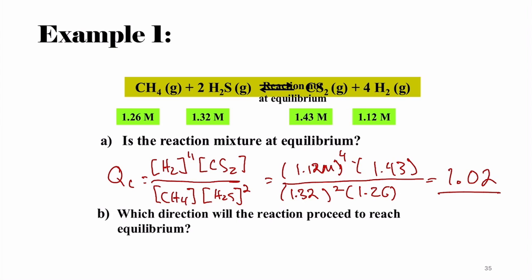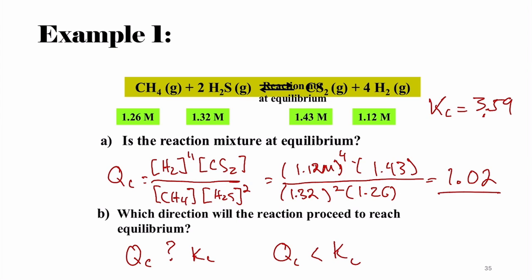Right, so is the mixture at equilibrium? No, right, because Kc was 3.59. So this is not at equilibrium. And so we compare QC to KC, and we see that QC is less than KC.